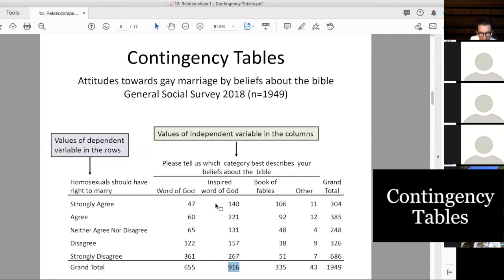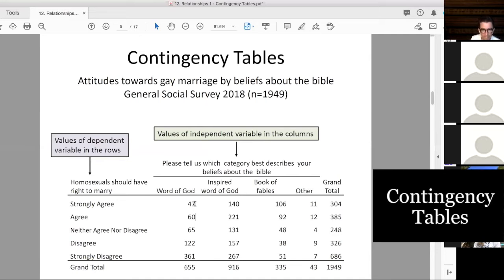Now, in the table here, you have the number of respondents that answered both questions in that certain way. So for example here, 47 respondents said that the Bible is the actual Word of God, and also responded that they strongly agree with the right of homosexuals to marry.